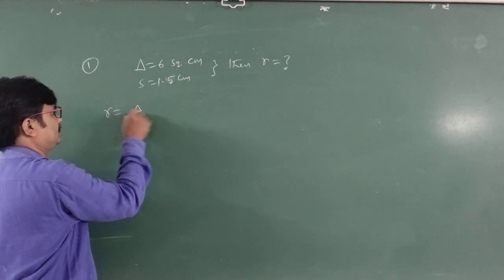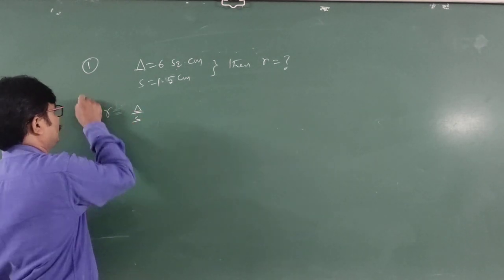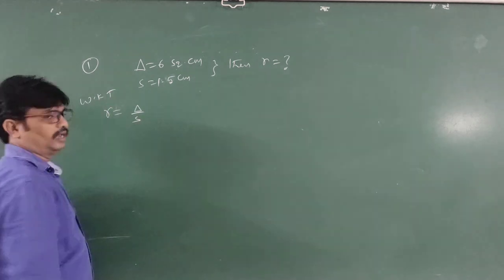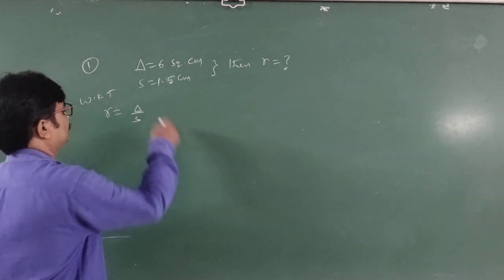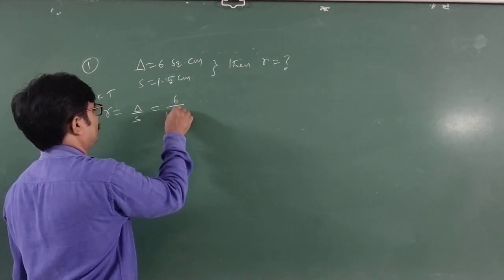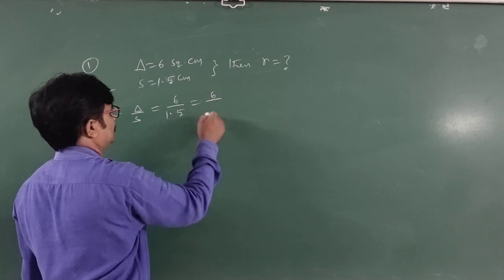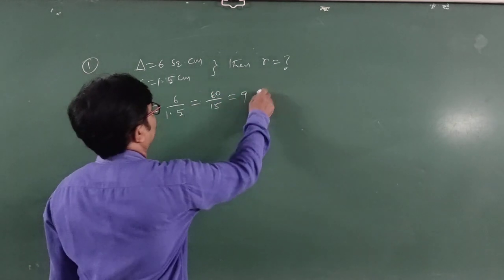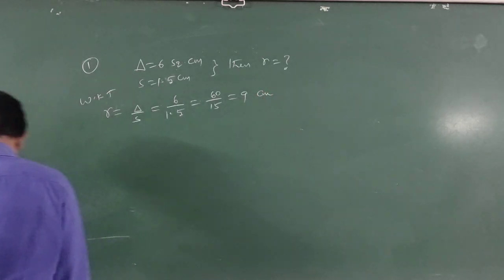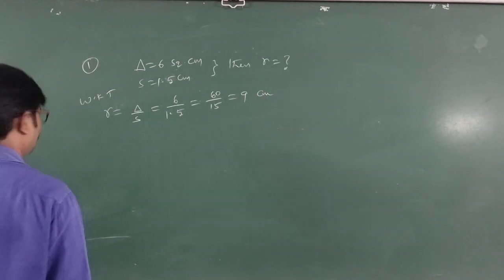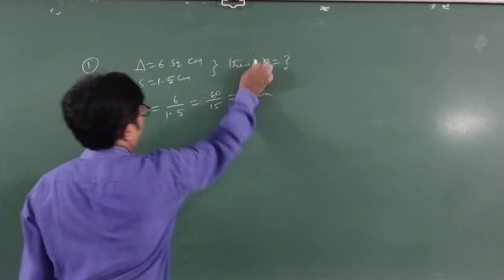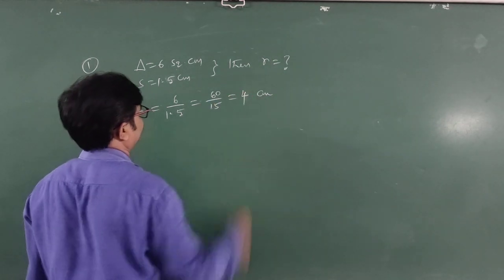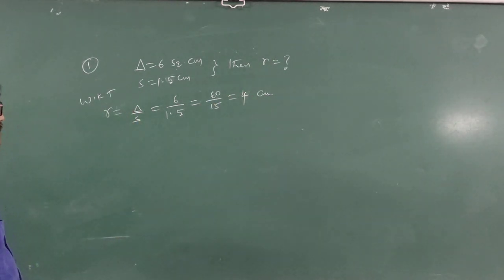Right now we proved that the small r is delta by s. This is 6 by 1.5, 60 by 15. This is 4 centimeters. Okay students? Sorry, 15 fours are 60.